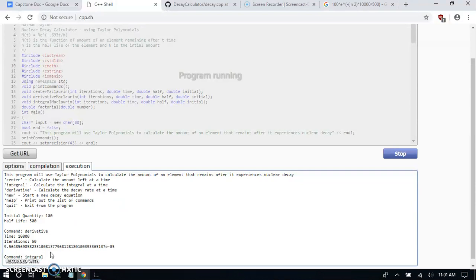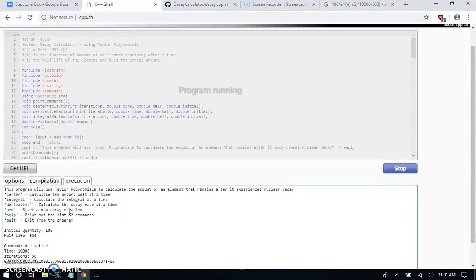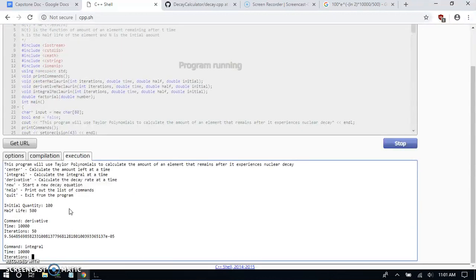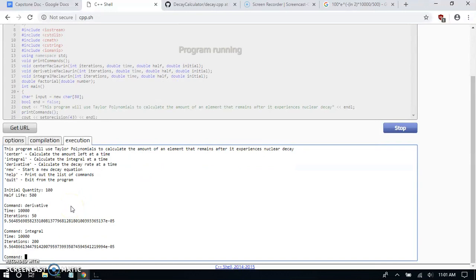So integral, times 10,000 iterations. Let's do 100, because why not? Right, why not? Let's do 200. 200 iterations. Who knows? Looks pretty similar. It's probably a whole lot more accurate too.